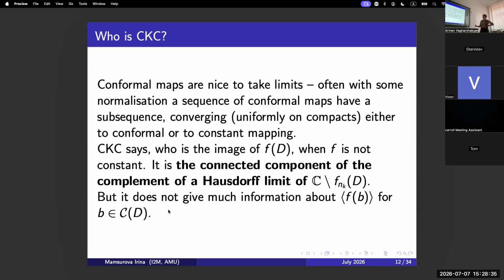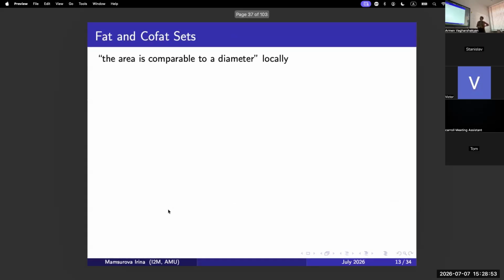So for this, Oleg Schramm developed a new version of the Carathéodory kernel theorem, the so-called extended Carathéodory kernel convergence. And for this, I will define some notions. The idea: we have a set in the complex plane.